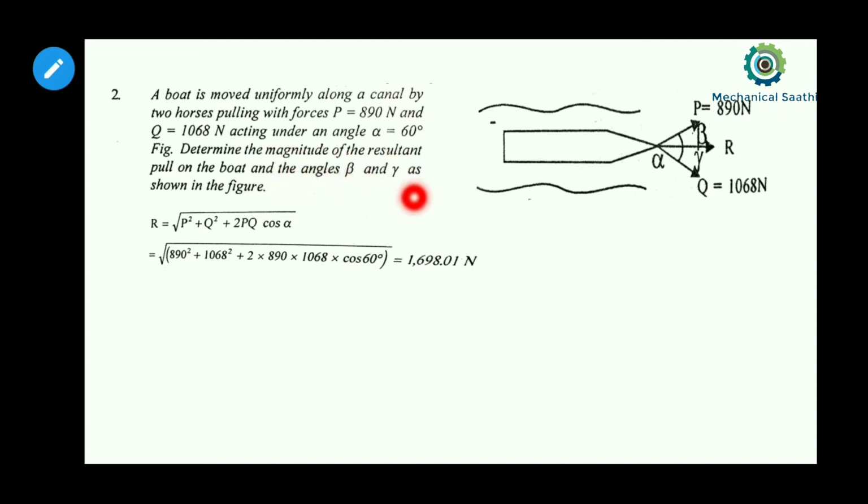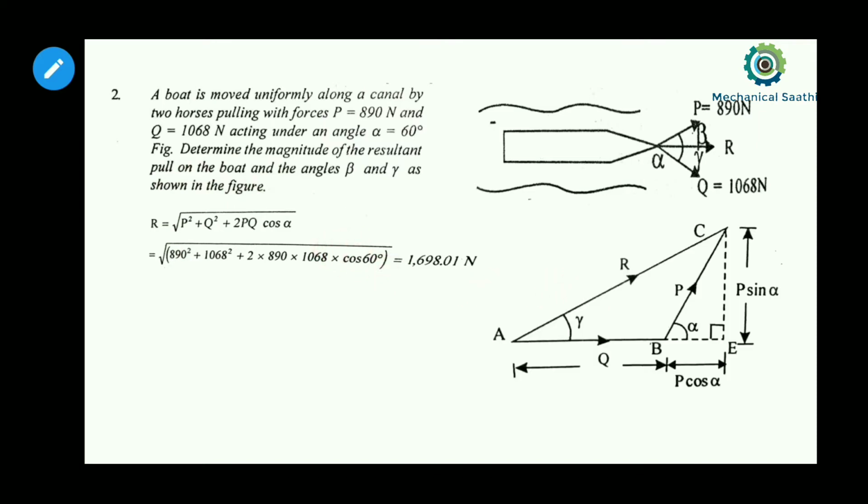Let us find those two values. For that, let us redraw the triangle which we drew for deriving the formula of the parallelogram law. This is the triangle we drew previously for deriving this formula, so let us see it carefully.